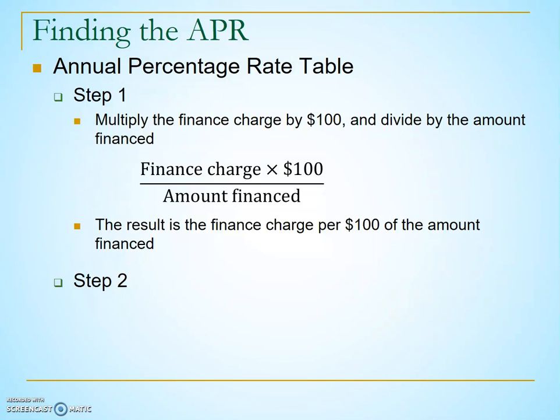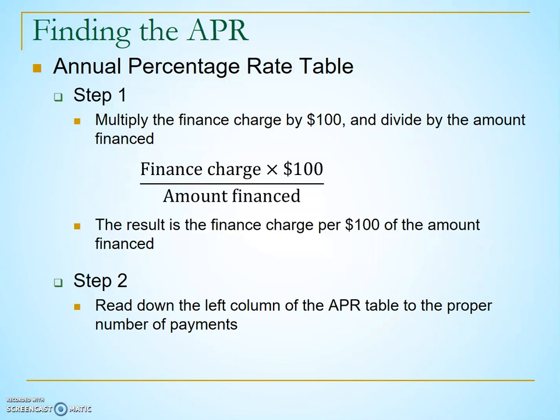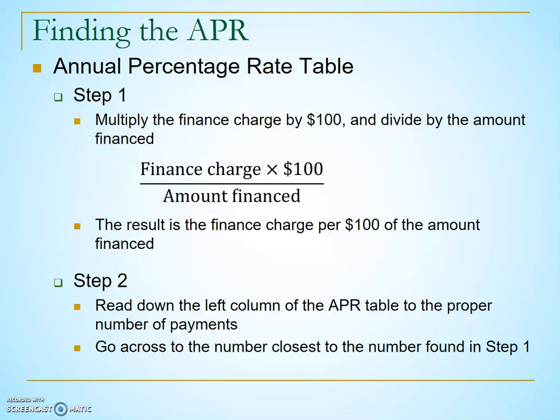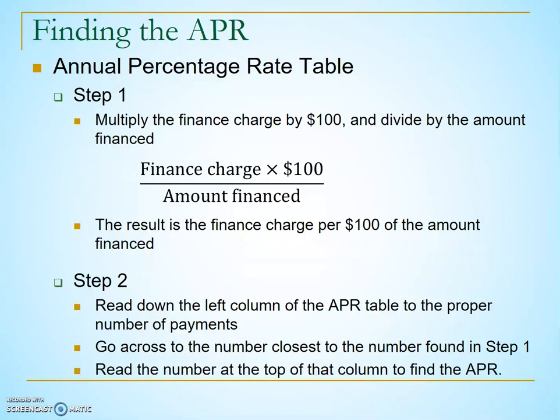Now we can go to the table. From here, we're going to read down the left column of the APR table to the proper number of payments. From there, move across until we find the number that is closest to what we found in step 1, and then read the value at the top of that column to give us the estimated APR.